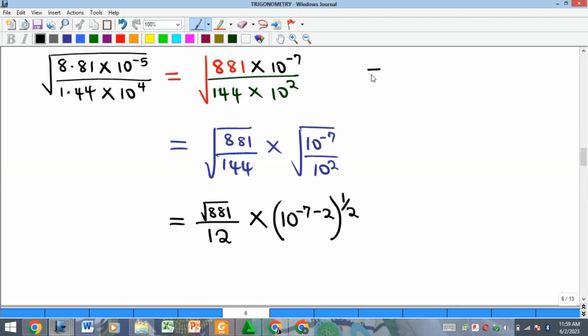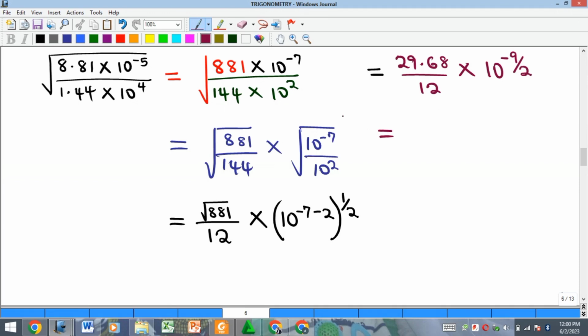Let me bring it up here. That's now going to give us the square root of 881 over 12, then multiplied by 10 raised to the power of minus 7 minus 2, which is minus 9, then multiplied by half, that will be minus 9 over 2.